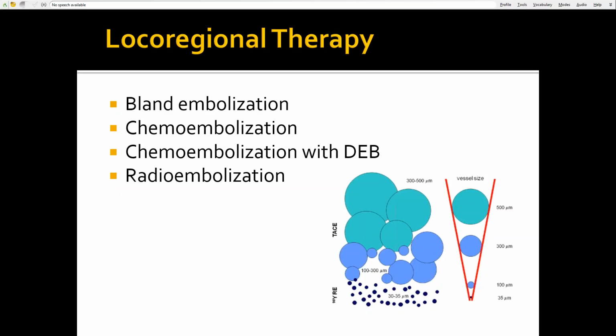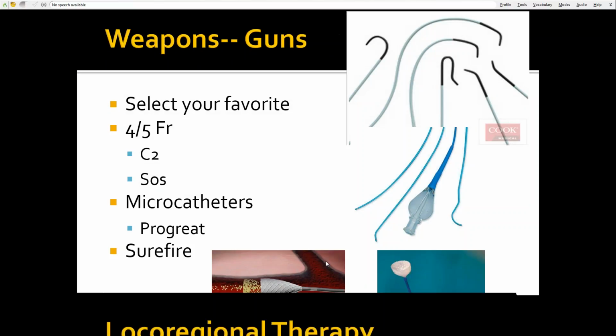So what we utilize are bland embolization, chemoembolization with drug-eluting beads, and radioembolization. And you can see here a chart that has several different sizes of the particles that are utilized, with the tiniest being these small glass or resin beads with Y90 therapy.